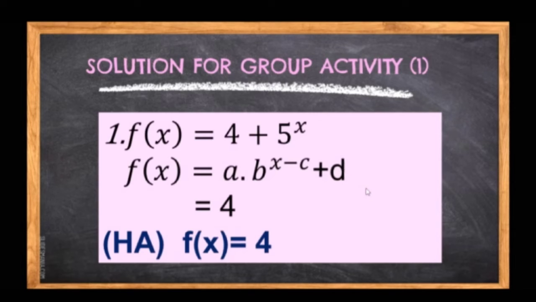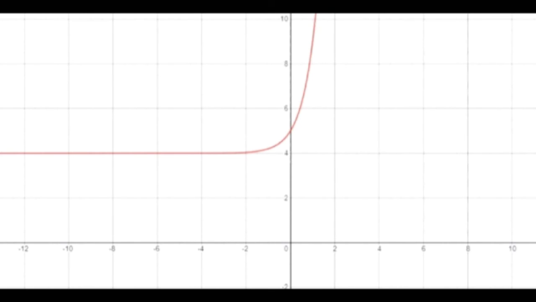We therefore conclude that 4 is the horizontal asymptote in number 1. So the graph for number 1 should be like this, which means that the asymptote is a horizontal line which passes through the y-axis at 4.